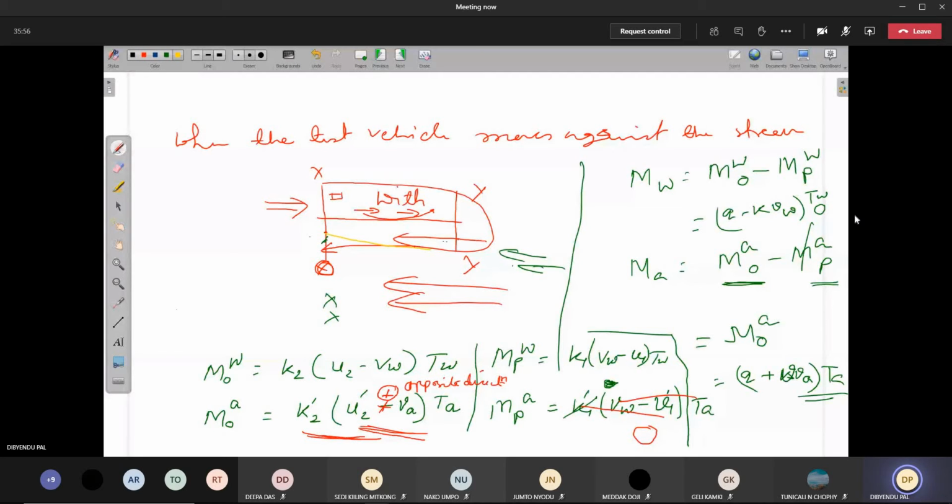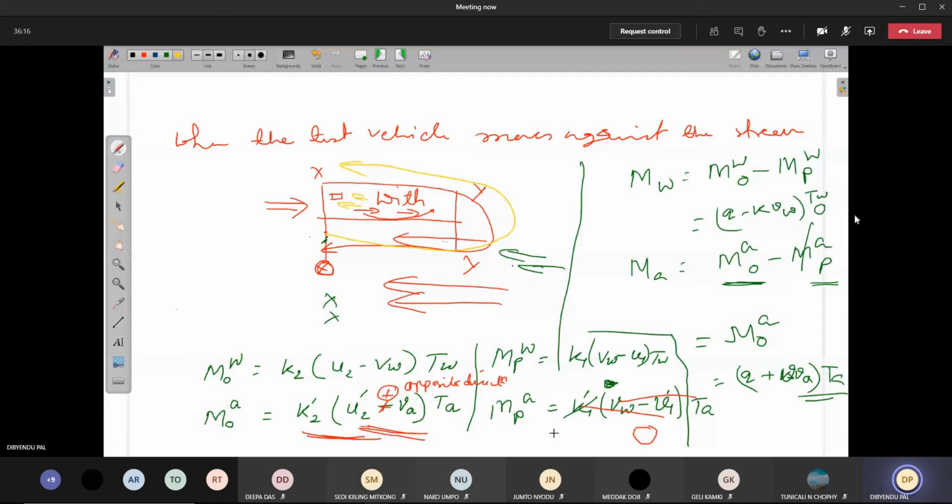Before I reach here, all the vehicles on the opposite lane will reach this position before I reach. So I have not overtaken any vehicle; all the vehicles have overtaken me. That's why this MFP will be equal to 0.